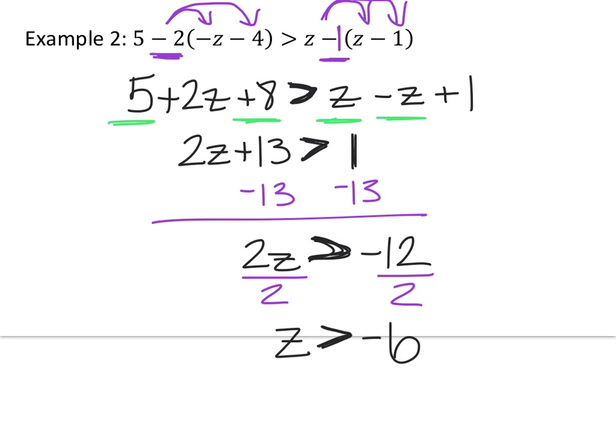So again, we're going to graph this on a number line. I'll put it down here. So I put negative 6 in the middle. To the right is negative 5. To the left is negative 7.